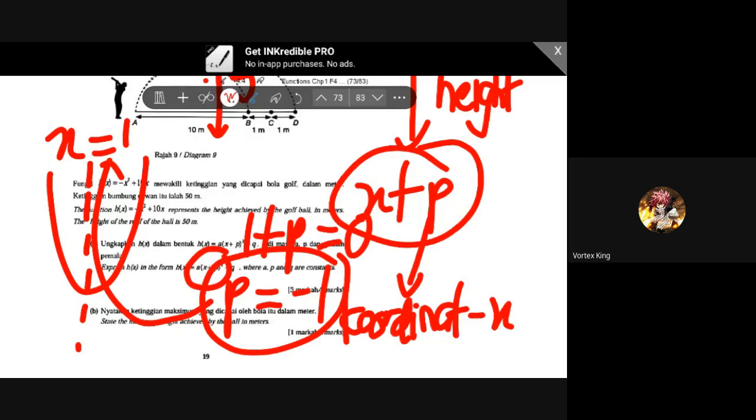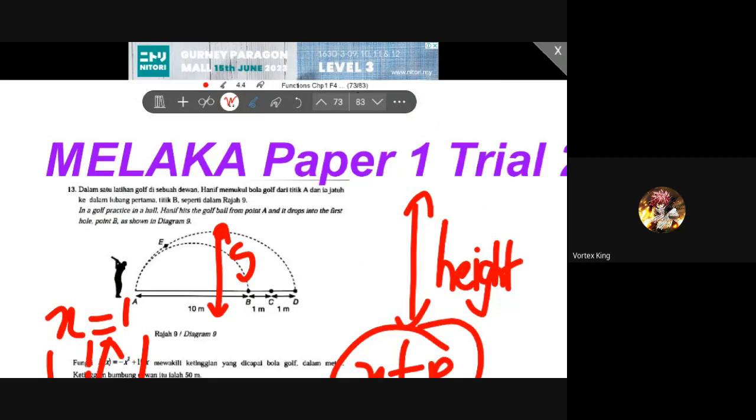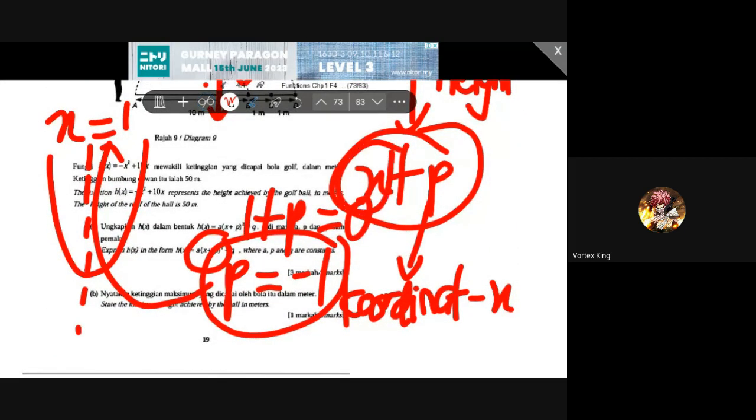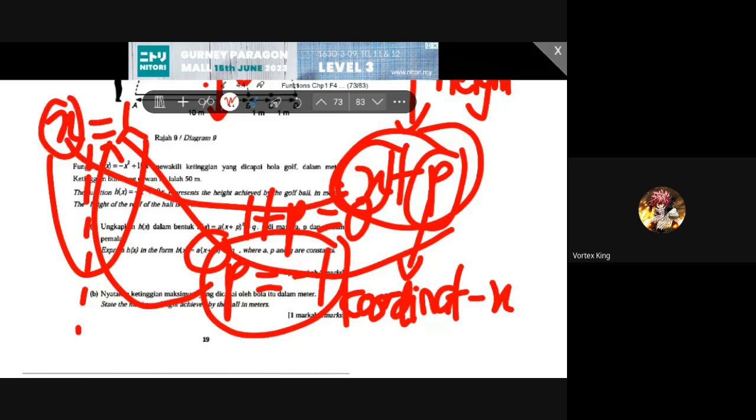So, can you understand? So, kamu gantikan saja persamaan paksi simetri X equals 1 dalam X ni. Baru kamu boleh cari nilai P. Jangan ambil nilai P terus dari satu ni, tahu. Bukan sama. You have to substitute X into X. That's how it works. X to X. Baru cari P. Macam tu lah.